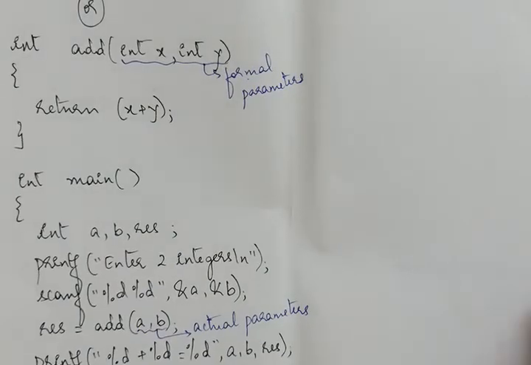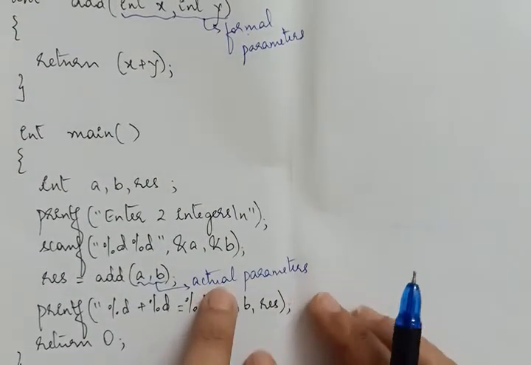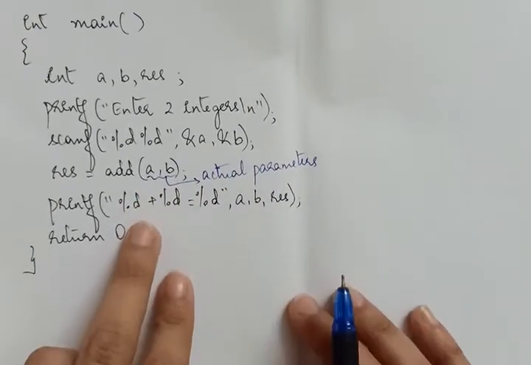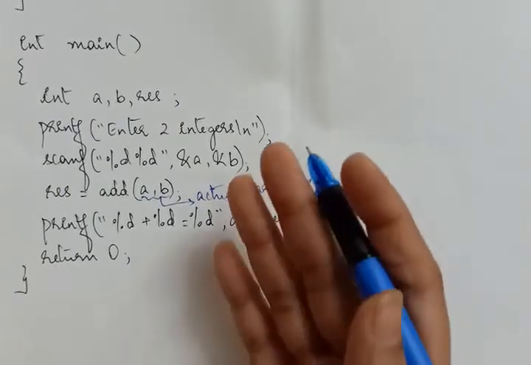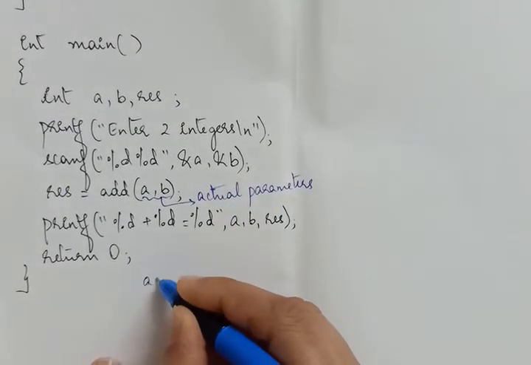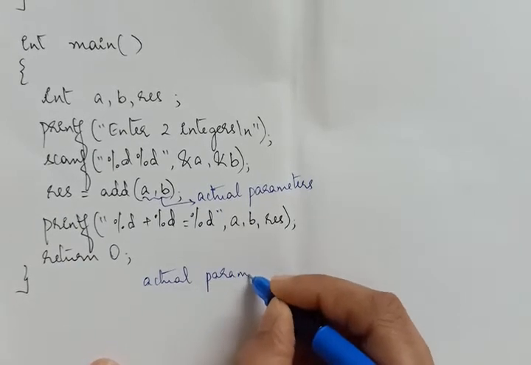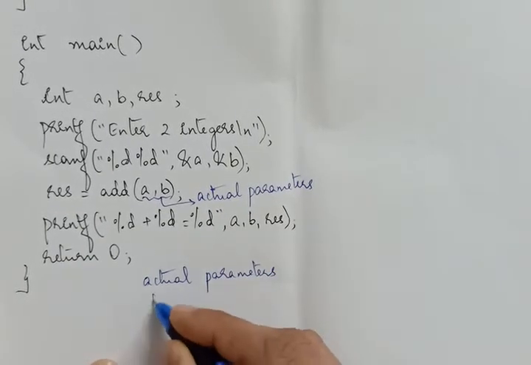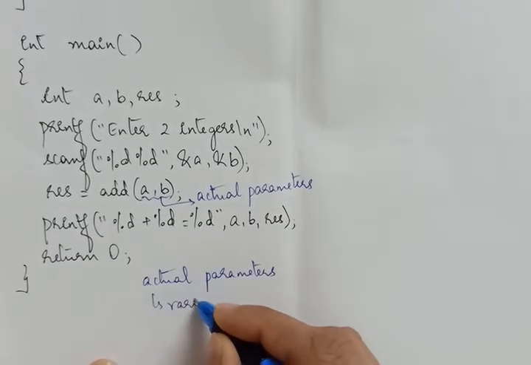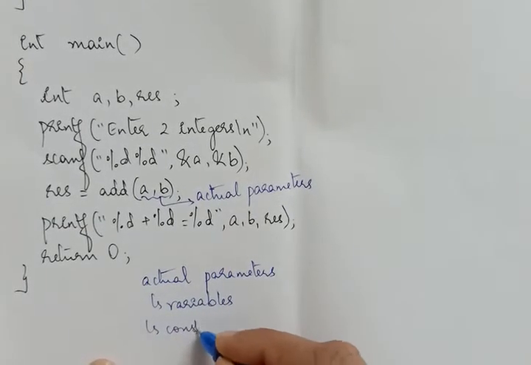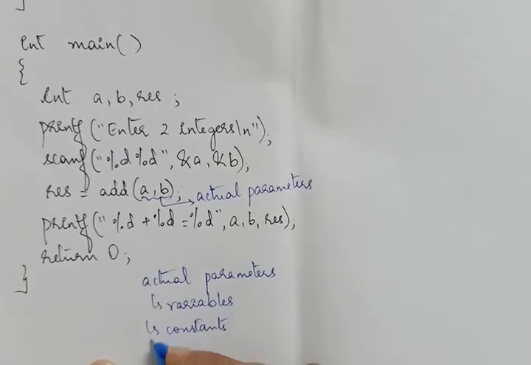Now let's see what can be actual parameters. So in this case you saw we have passed a variable. Actual parameters can be variables, constants, or it could be an expression again.